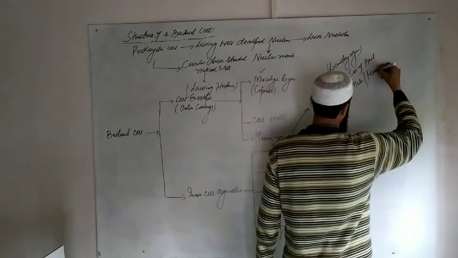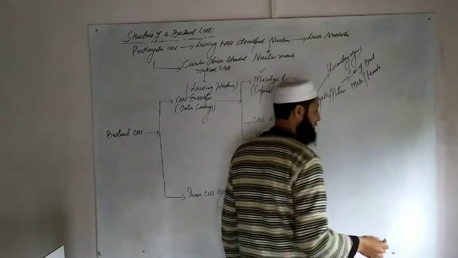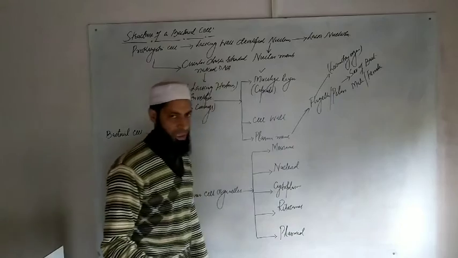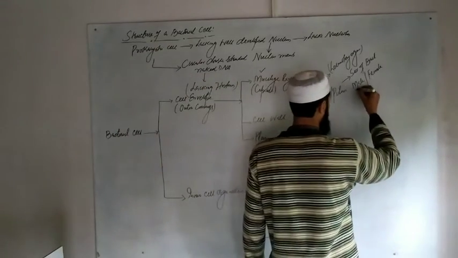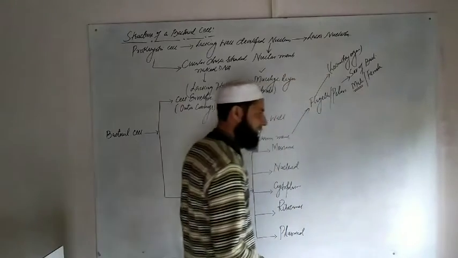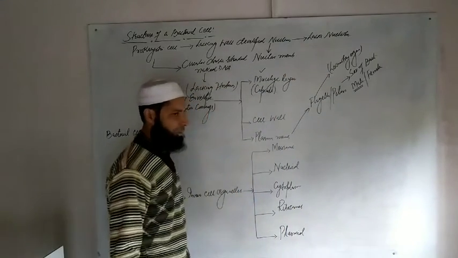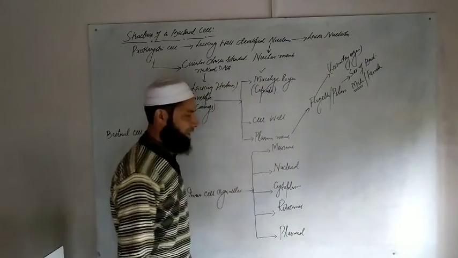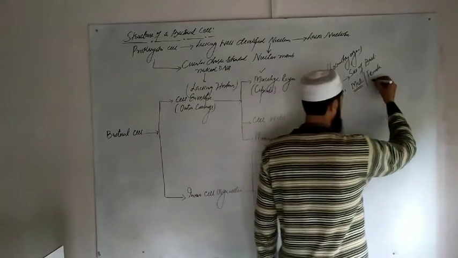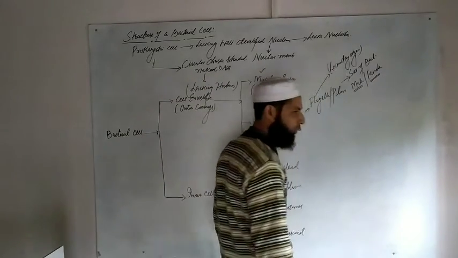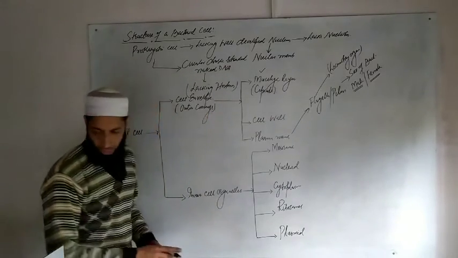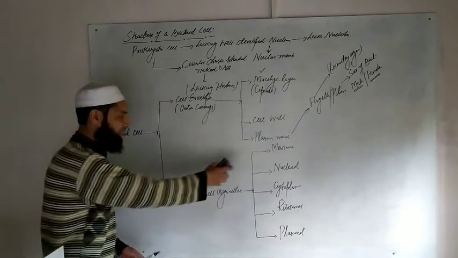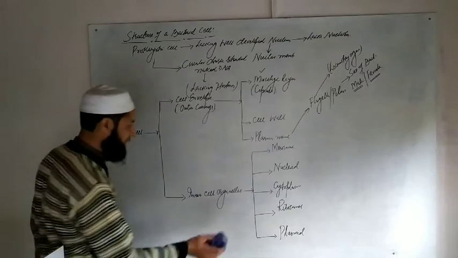It is determined by the presence or absence of pili. We call them sex pili. In male bacteria, you have elongations that arise from the plasma membrane, which we call pilus. In female bacteria, pili are absent. I will show you the structure of all these parts in a diagrammatic representation.